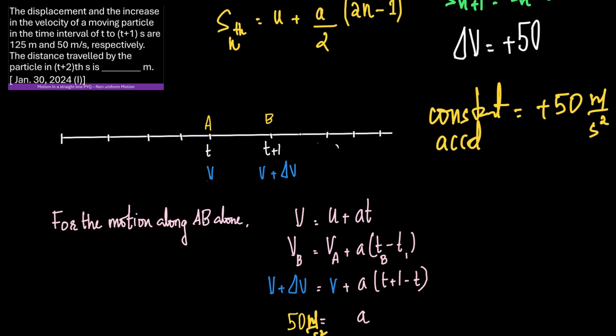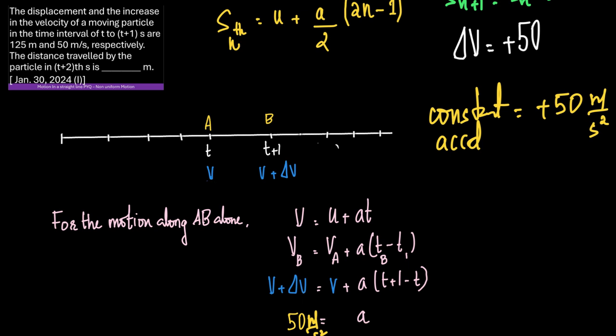Okay. Now, for the movement of the object along AB alone, we can say that v is equal to u plus at, where v, the final velocity, is the velocity at B, and u, the initial velocity, is the velocity at A, which I have assumed to be v plus delta v and v respectively. So vB is equal to v plus delta v and vA is equal to v.